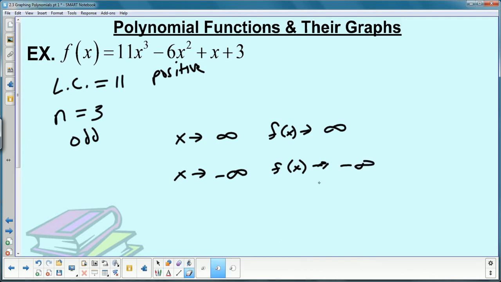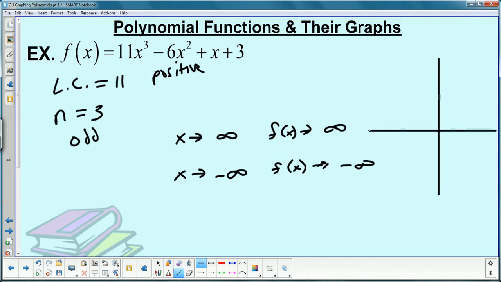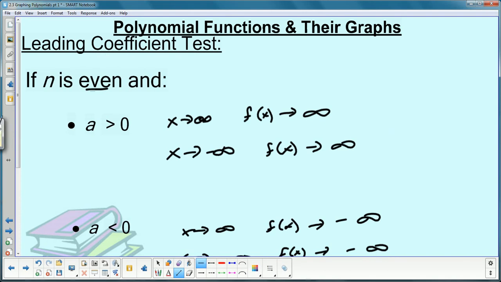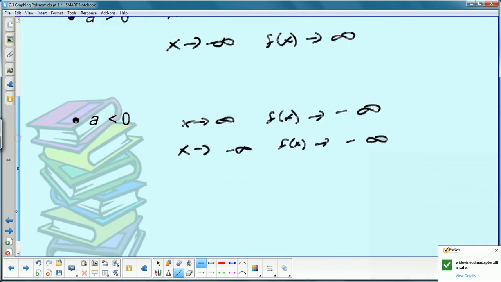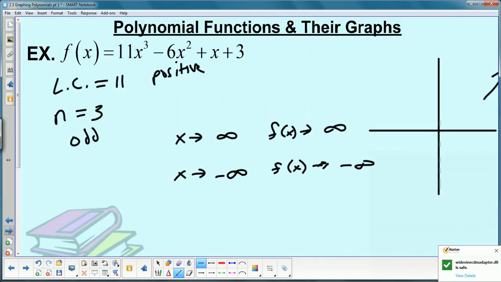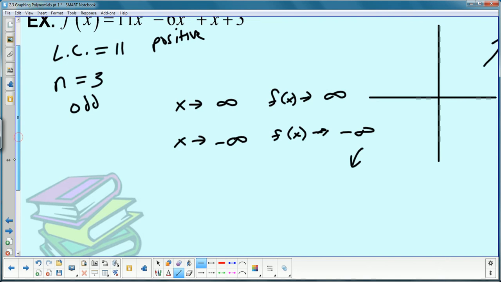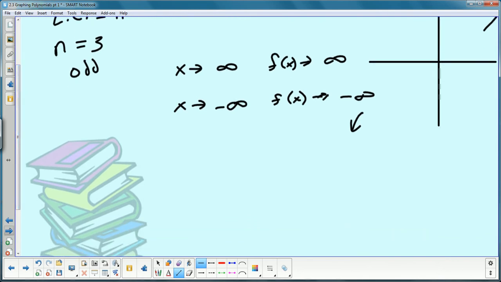Which means if we had our graph, with a y and an x axis, as we got really big for x, we'd be getting really big for y. And as we got really far left for x, we'd be heading down. So that's our end behavior, what happens at the far left and the far right.